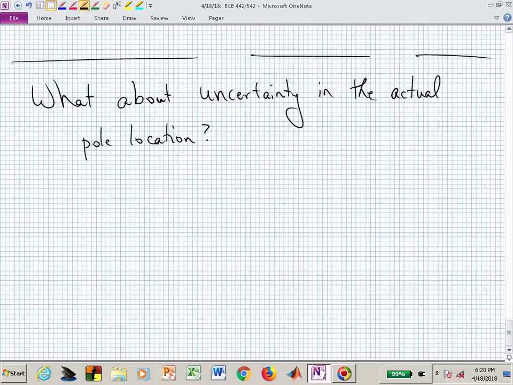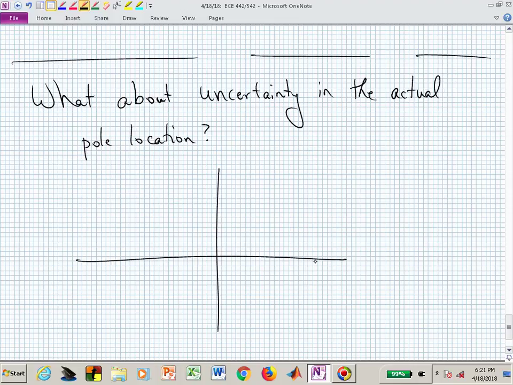Maybe you modeled the system in air and the true system is a little different than your model. We modeled it as 1 over z minus 0.75.